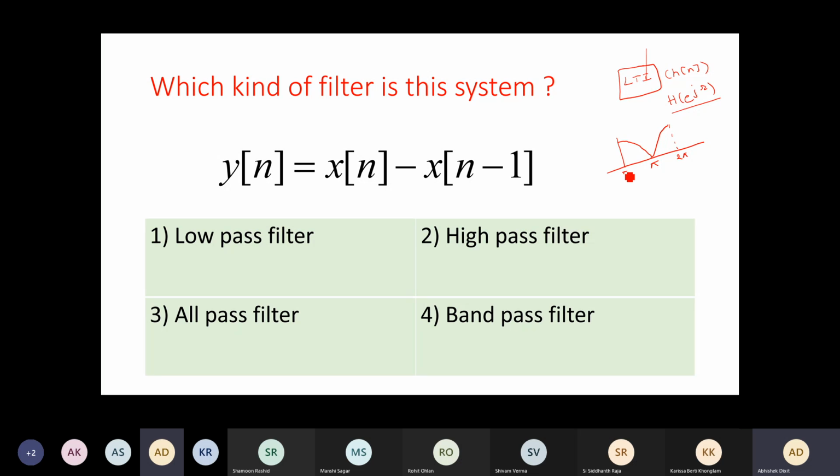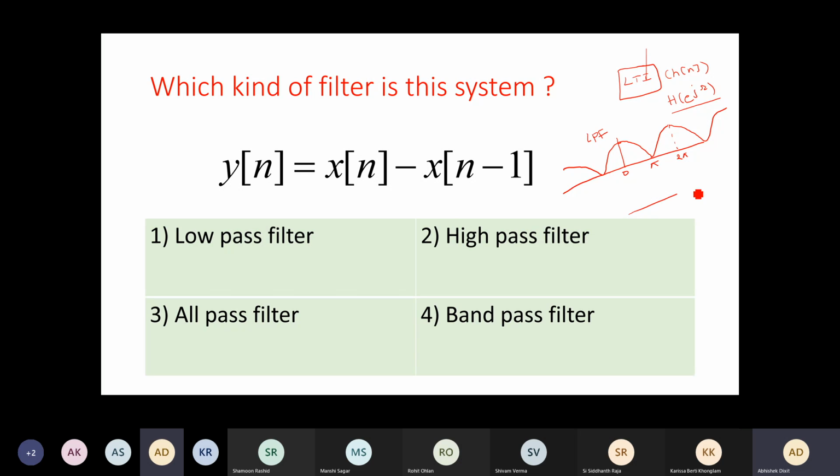So if you specify this in one period, you know it in every other period. If the filter response for a discrete time system is like this, that means it's a low pass filter. It passes low frequencies, which are around 0, and it doesn't pass high frequencies, which are at pi. So this is a low pass filter response.